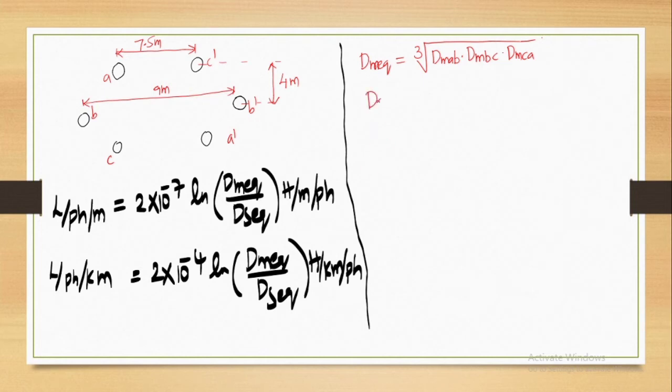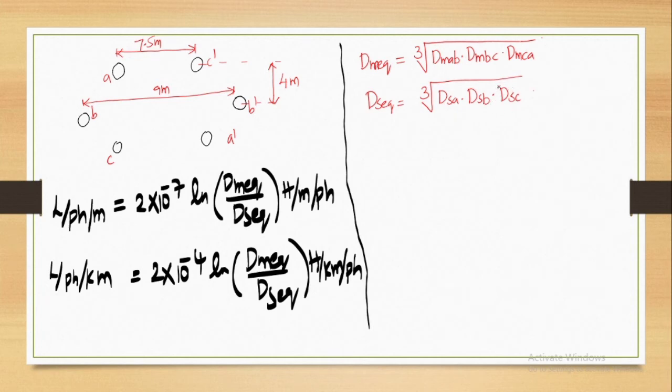And in addition to that, we must also find ds equivalent. It is also the cube root of geometric mean radius of A phase multiplied with geometric mean radius of B phase multiplied with geometric mean radius of C phase.